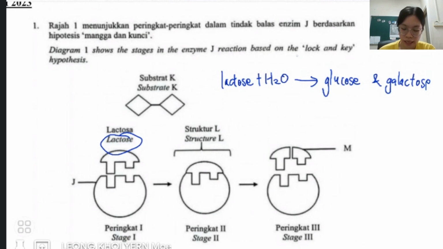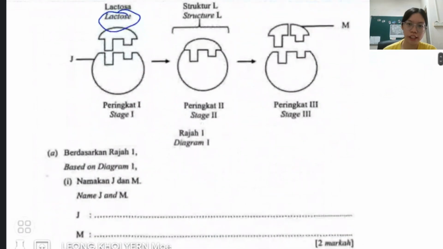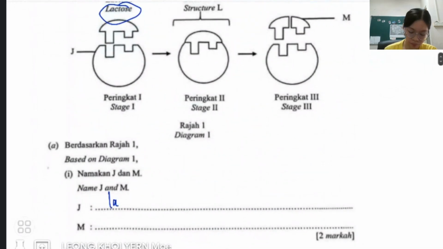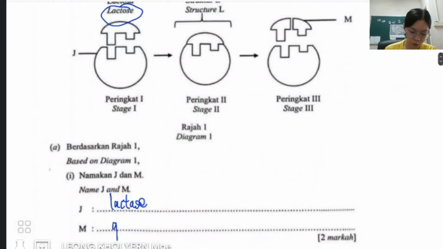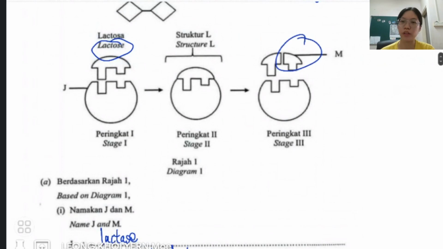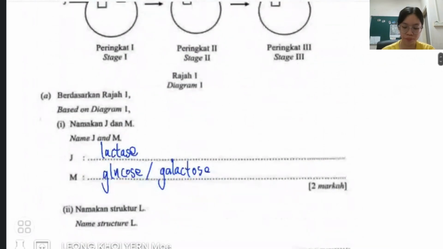It is an enzyme that ends with ASE, so it's lactase. So J is a lactase enzyme and M is glucose. You can either write glucose or galactose, they will accept both of them. You just write one of them, not two, because they only point out one.